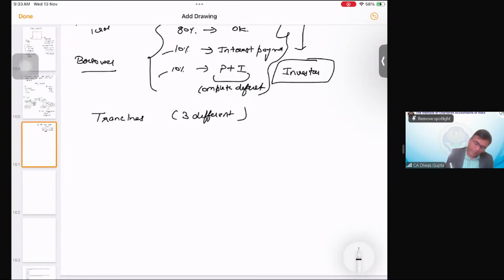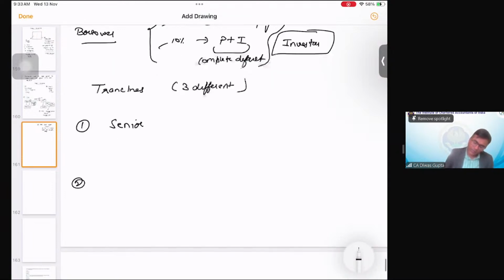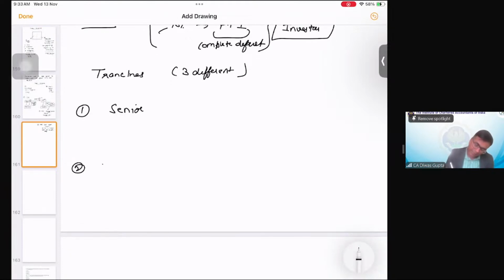The first one is, let's say, senior. Second one is mezzanine. Mezzanine is just like an in-between layer. Mezzanine means in between, like the mezzanine floor we have built, an in-between floor.